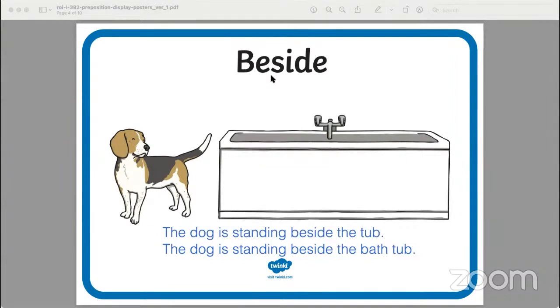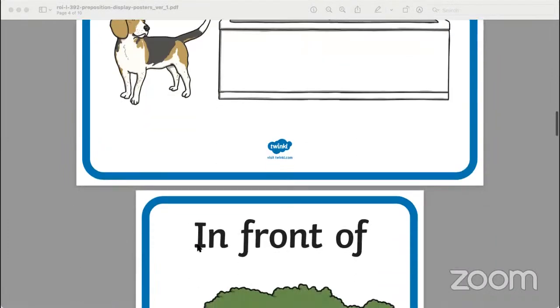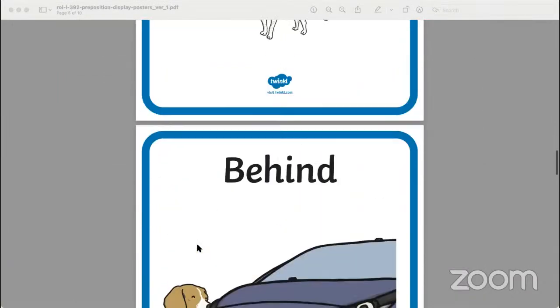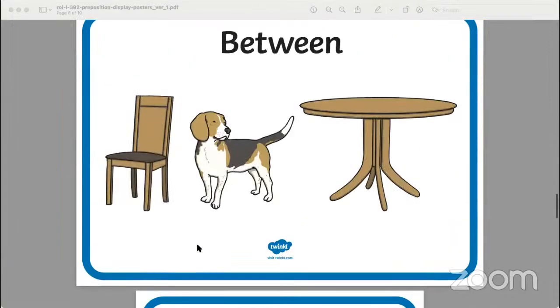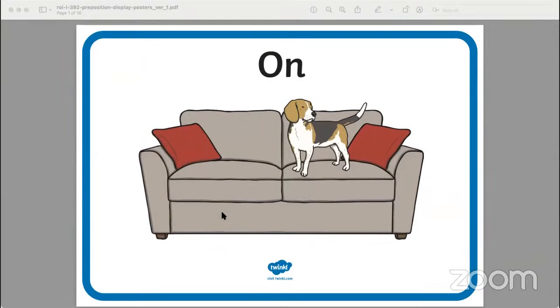Right, what I want you guys to do is before we move on to the next one, before we start doing in front of, I want you to write a sentence using the word on. So look around your room and pick an object. So any object, it could be a book, it could be a phone, it could be a computer, any object in your room.